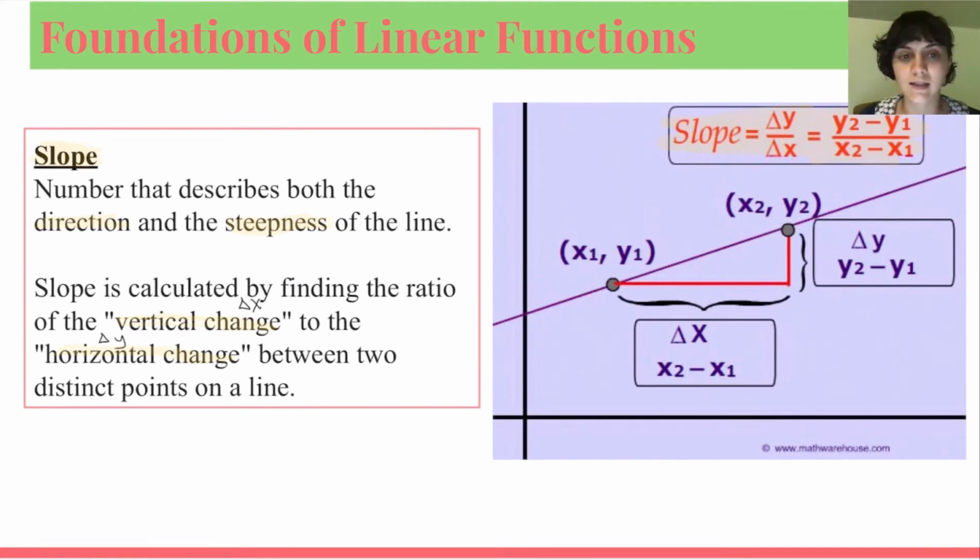So whenever you see that little triangle in any sort of formula, that just means change. And then this ratio is just saying it's the division. So ratio is a division or proportion between the two. Okay. So a reminder, there's slope.